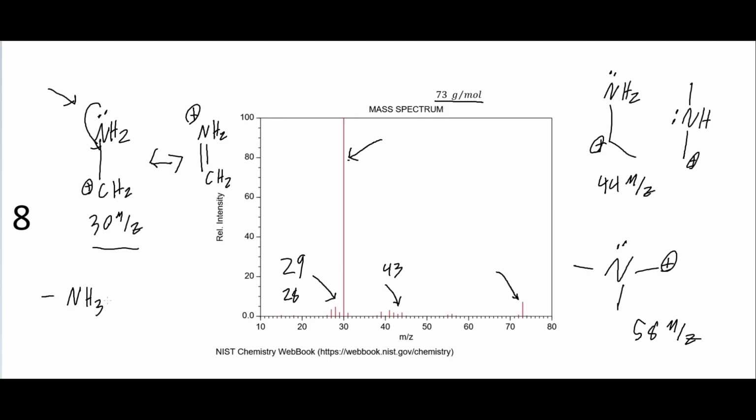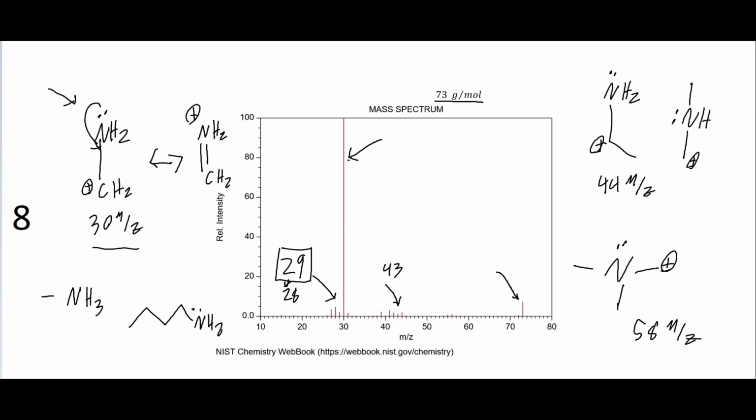And so if the nitrogen is pulling a hydrogen off of it, that might lower an ethyl group from 29 down to 28. And so based on this, I would propose that we probably have a butane like this with a primary amine on it.